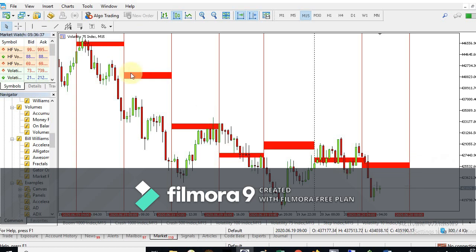Now we have our resistance and support zones. So what we'll do next is we'll load the 21 EMA on the chart. 21 EMA.